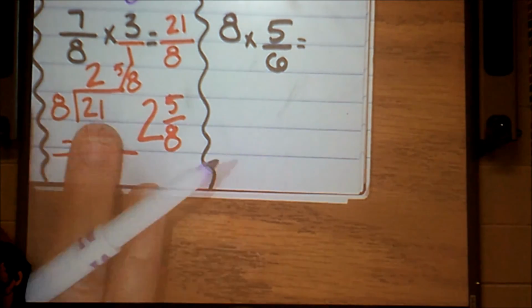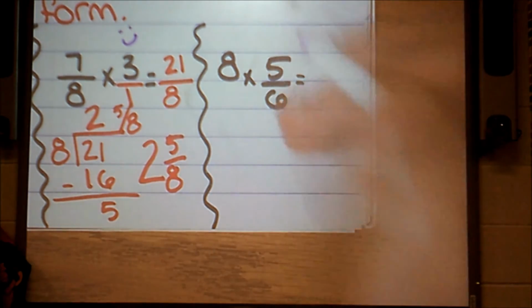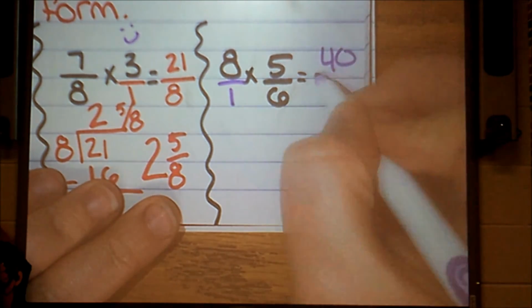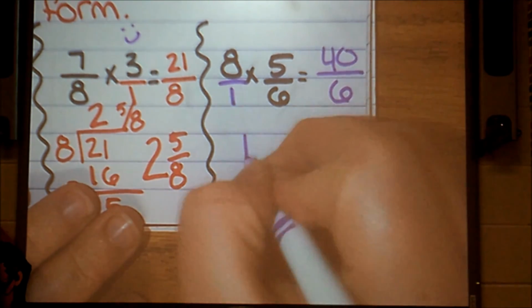And then our last problem. 8 times 5/6. Of course, it's over 1. 8 times 5 is 40 over 6. Divide.